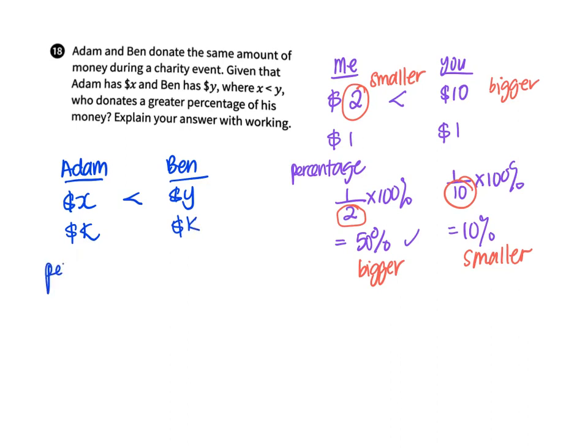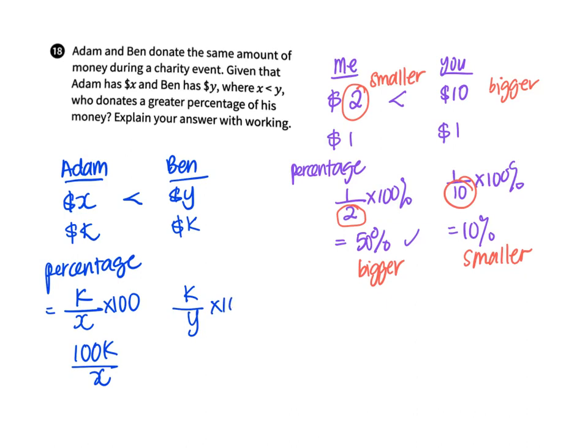The percentage will be K divided by X, my original sum, times 100, and that's 100K over X. Compared to Ben, who also donated K divided by Y times 100, and that will be 100K over Y.